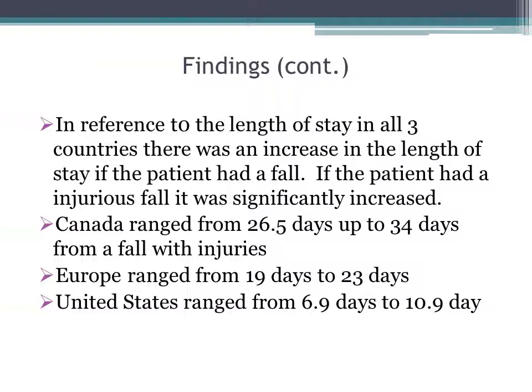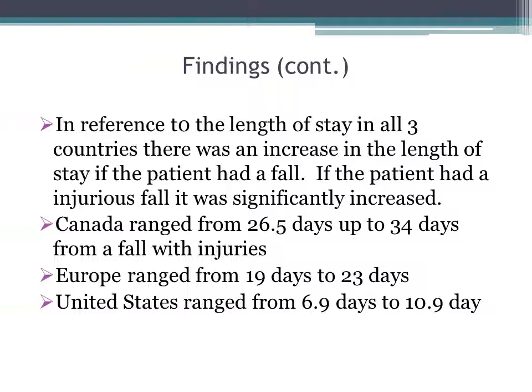When we looked at Canada, stays ranged from 26.5 days all the way up to 34 days from a fall with injuries. The European partner ranged from 19 to 23 days. And in the United States, depending on the fall, it ranged from 6.9 up to 10.9 days.